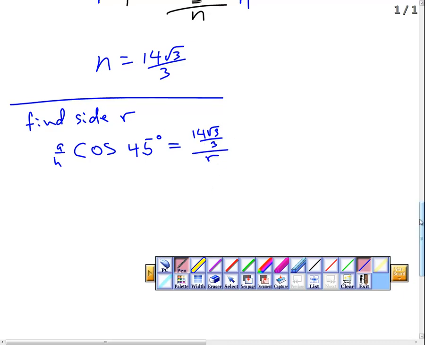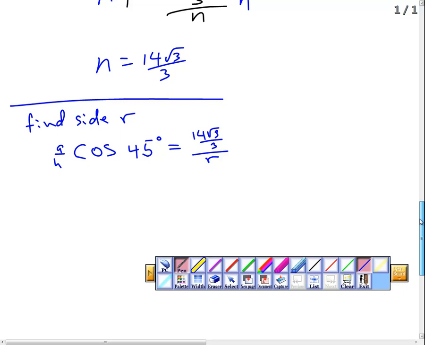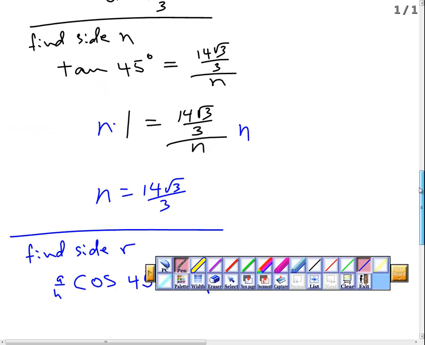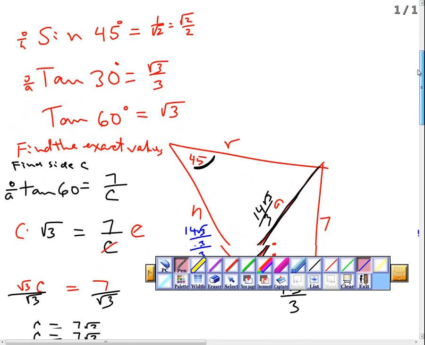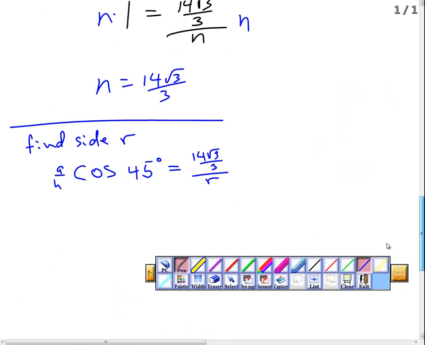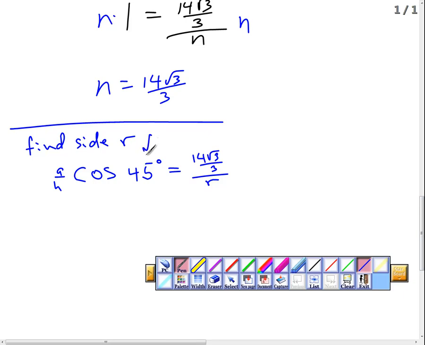Well, what's the cosine of 45 degrees? Sydney? The same thing. Well, I mean, we have to go back to our special triangle. We're trying to put in a value here for cosine of 45.